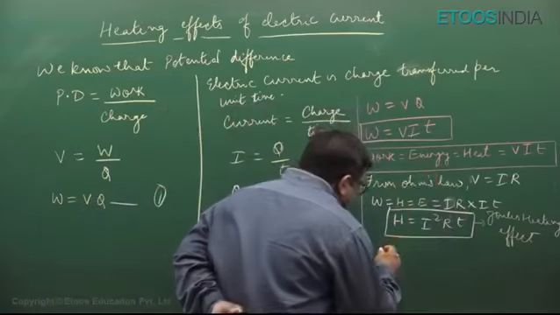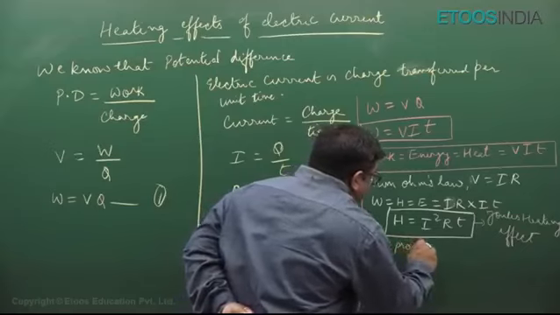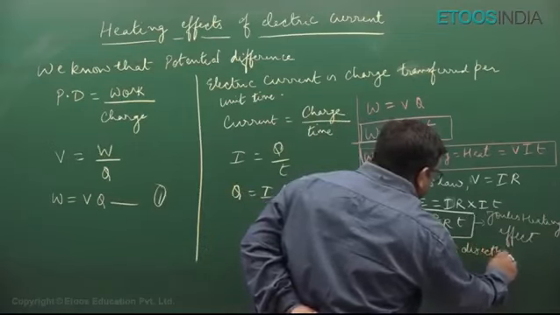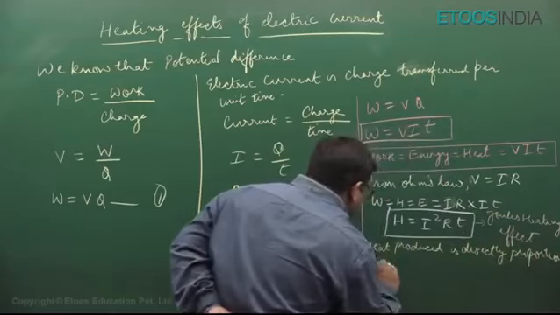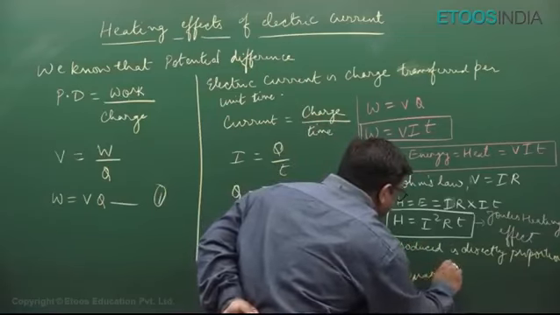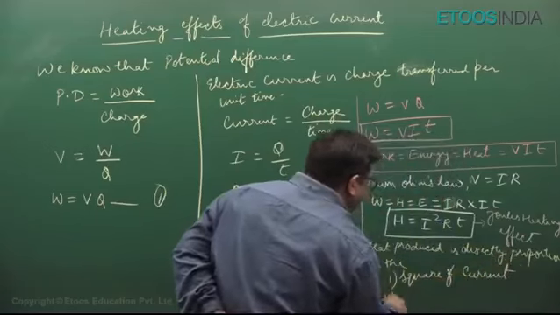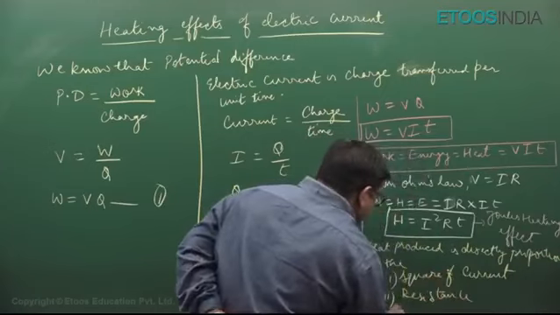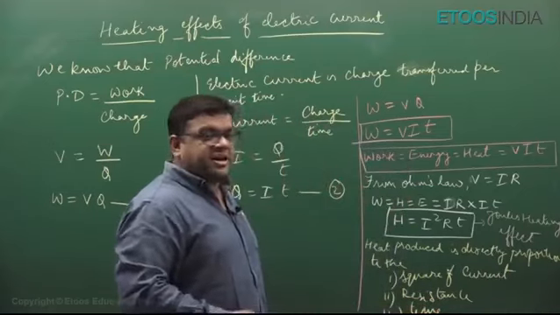We can say that heat produced is directly proportional to the square of current, resistance and time. Is it clear? I hope it's visible.